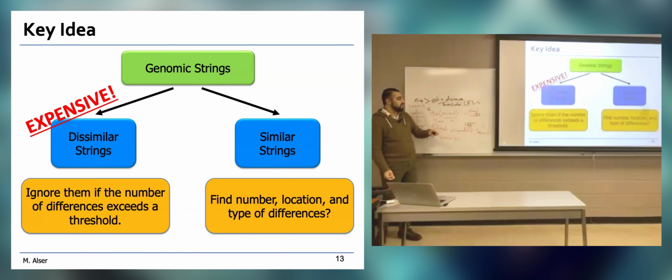I'm not interested in the location of those variations or the type of those variations. That's why we call it expensive, because we calculate things that we don't need, and at the end of the day, we just trash them. So why did we do the calculation? And this calculation, again, is not simple. It's very expensive.